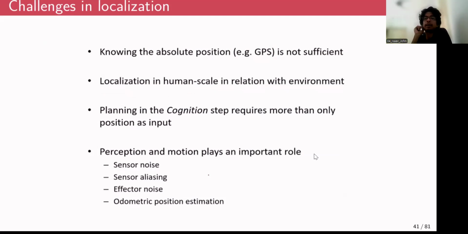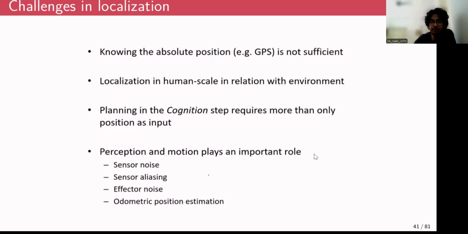It's not reliable to completely depend on GPS. And the planning and cognition step requires more than only position as input. You require further information from all other possible sensors.